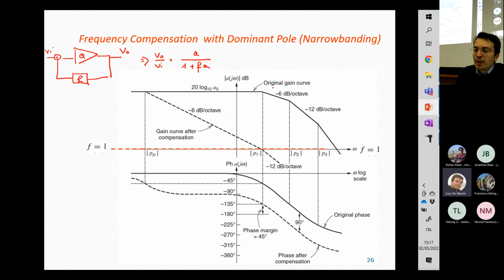Typically little a is a function of the angular frequency, while f is an attenuation function. So basically f is less or equal to 1.